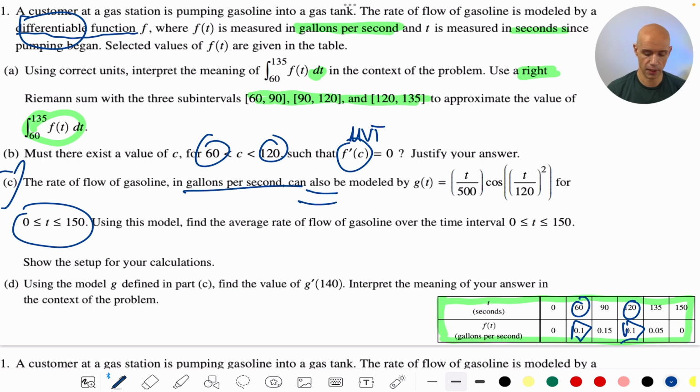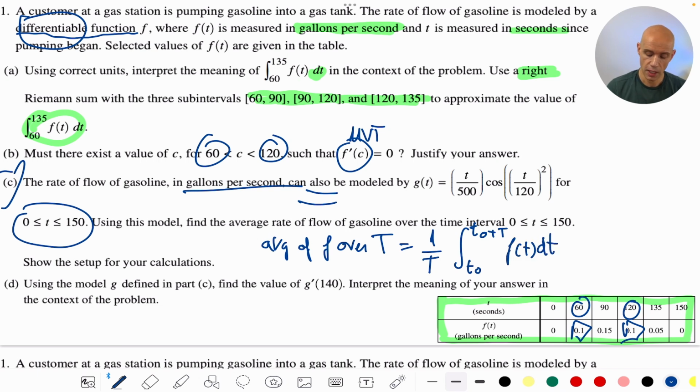The average of any function over some interval is 1 over the length of the interval times the integral, starting from the initial time, in this case 0. The units are time divided by time, so the units are going to be the units of f, which were gallons per second.